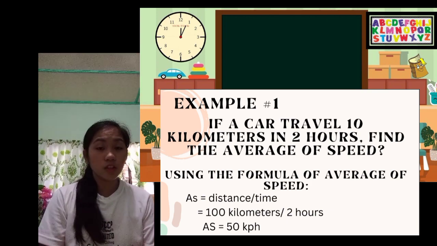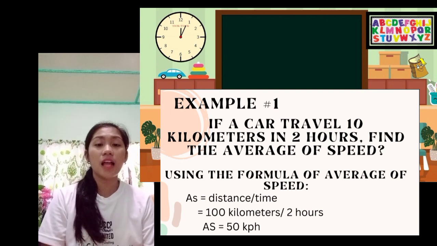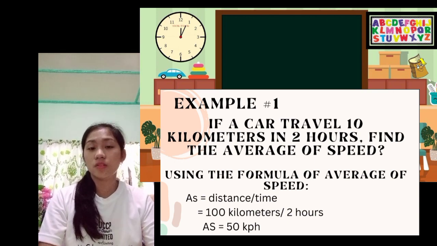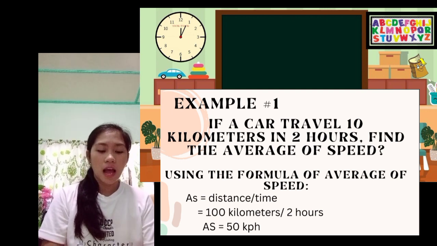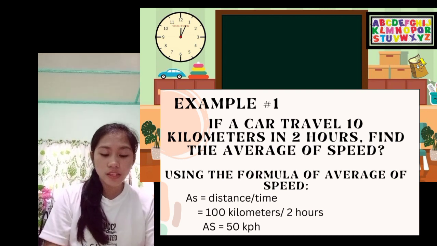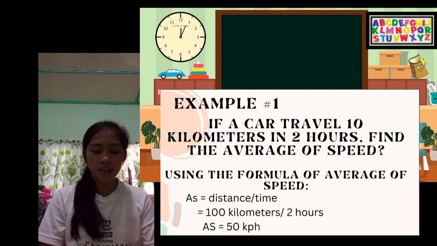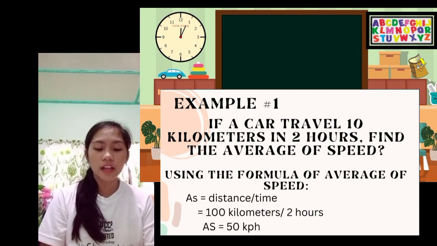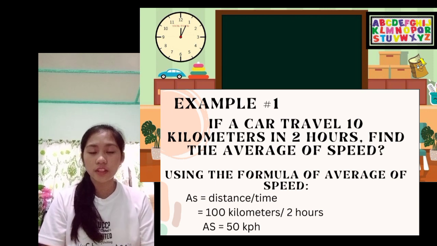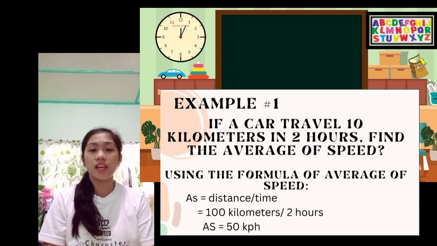So we will use the formula of average speed. What is the formula of average speed, class? Okay, very good. Average speed equals distance divided by time. Our distance here is 100 kilometers, and our time is 2 hours.